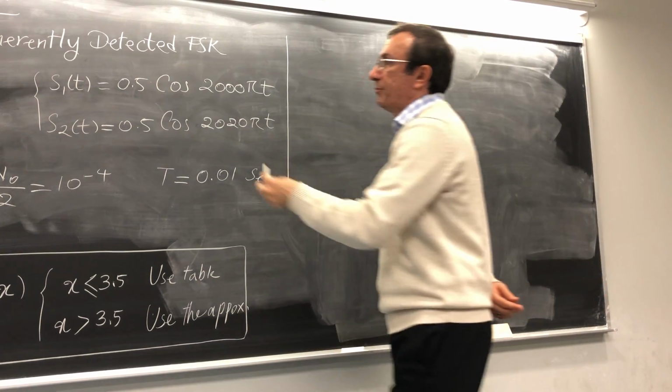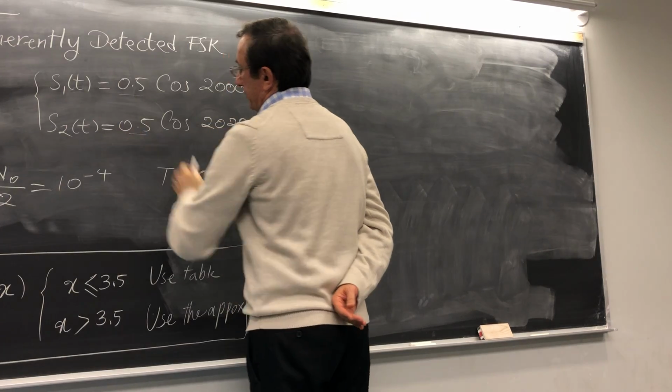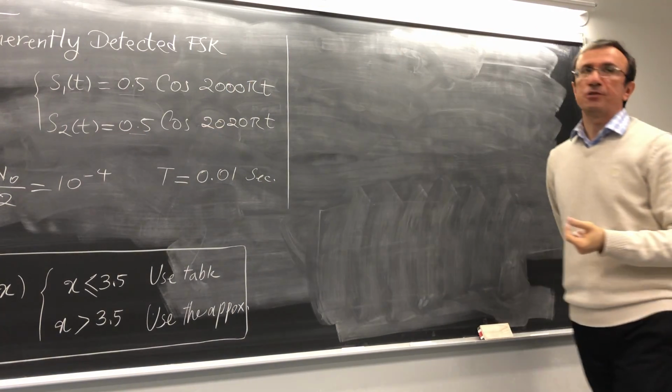So this is the peak amplitude of a cosine function, 0.5. How do you find the energy of each one of these?